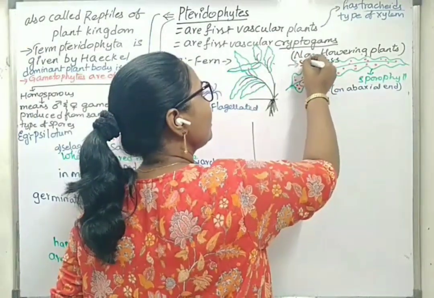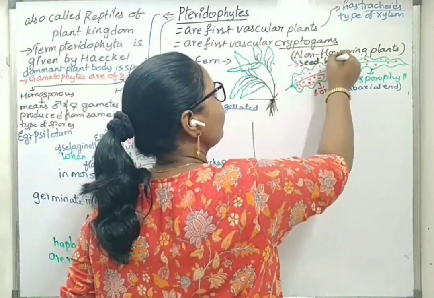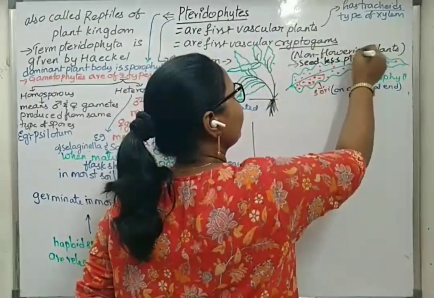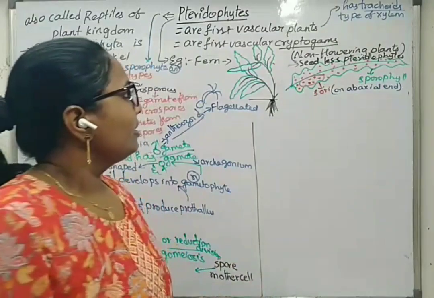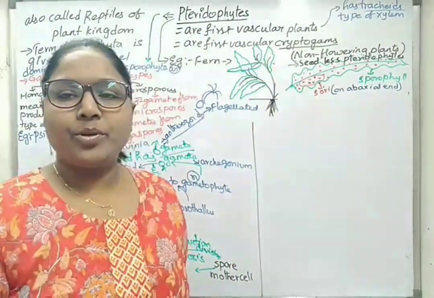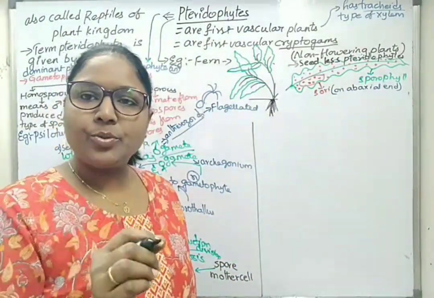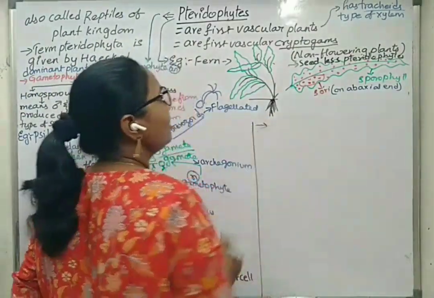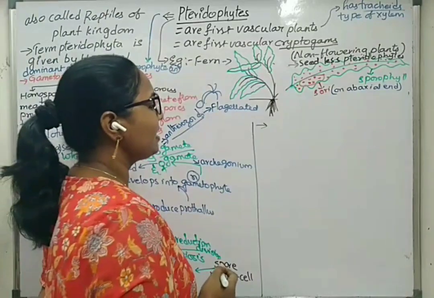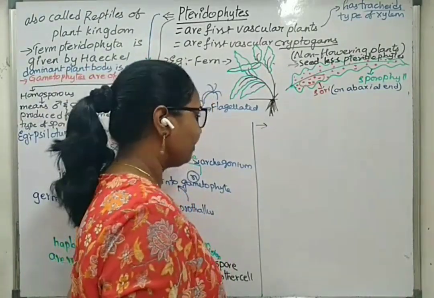These are also said to be seedless pteridophytes. In pteridophytes, the total plant body is divided into root, stem, and leaves separately. Pteridophytes are again classified into four different groups.